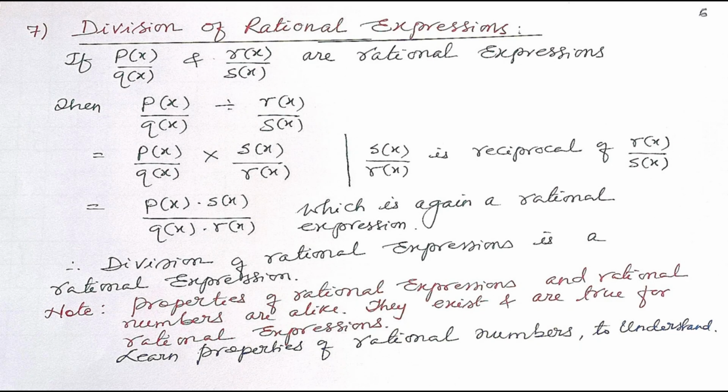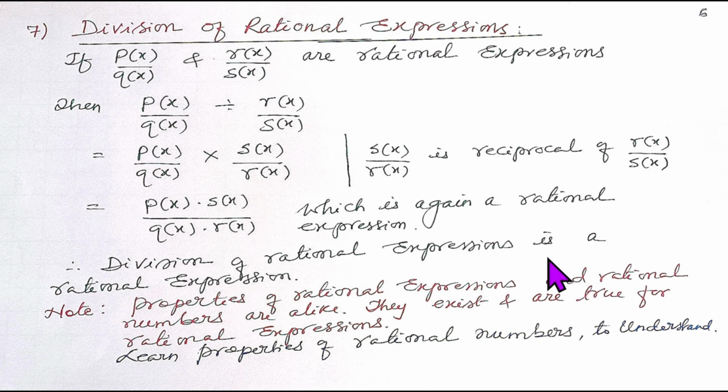Now, division of rational expressions. If p(x) by q(x) and r(x) by s(x) are two different rational expressions, we have to divide the first by the second. That means p(x) by q(x) divided by r(x) by s(x) is equal to p(x) by q(x) into the reciprocal of r(x) by s(x), that is s(x) by r(x), and follow the multiplication rule, that is p(x) into s(x), multiplying the numerators and multiplying the denominators, and then simplifying, we get again a rational expression.